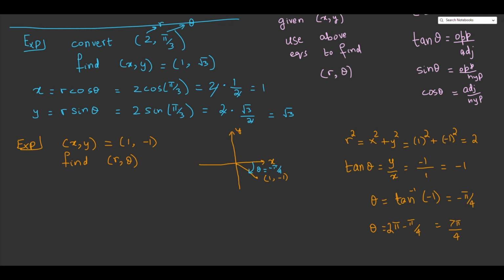And the second way is to go clockwise, in this way, and that will give you theta equals 7 pi by 4.